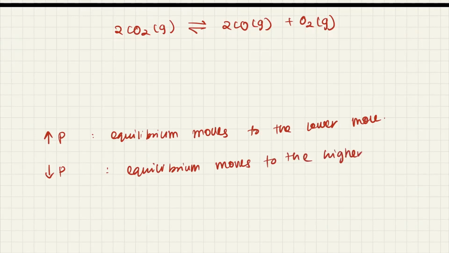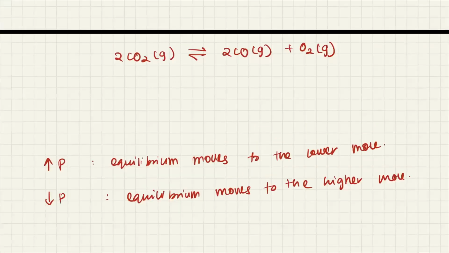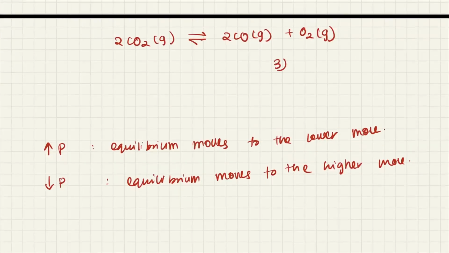Okay, what do I mean by this? What do I mean by higher mole, lower mole? So you can see that on the product side we have 2 plus 1, so on the product side, we have 3 moles. Okay, so on the product, we have a total of 3 moles, while on the reactant, we have 2 moles, right?